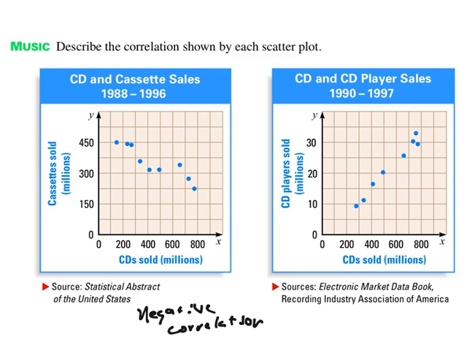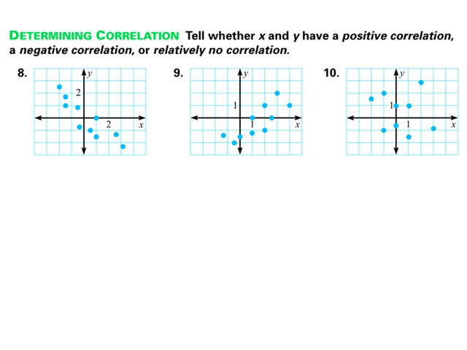And then over here, CD sales and CD player sales from 1990 to 1997. This is a positive correlation because as more CDs are sold, more CD players are bought. Same thing here.